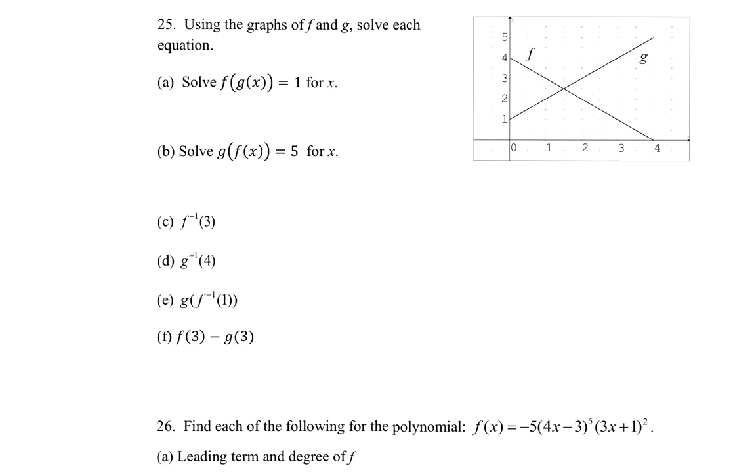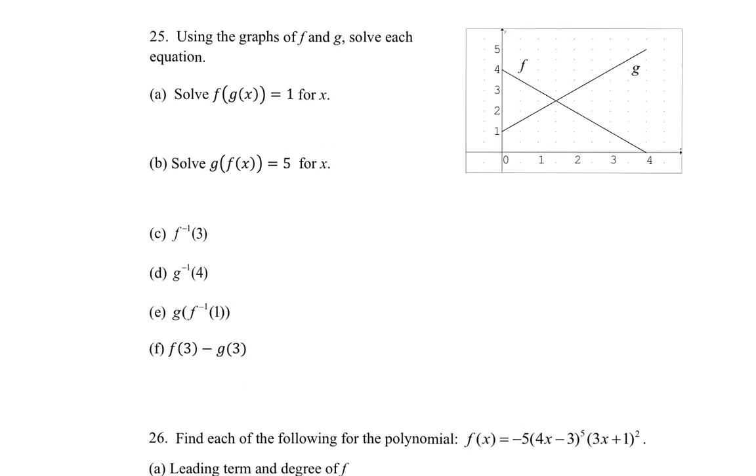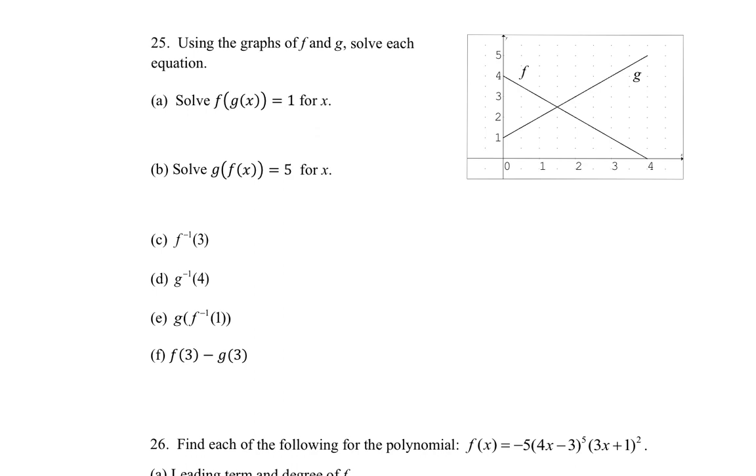So problem 25 says use the graphs for f and g to solve each of the equations. Solve f of g of x equals 1 for x. When we start this, we end with f equal to 1, so we have to find out what goes in here that equals 1.